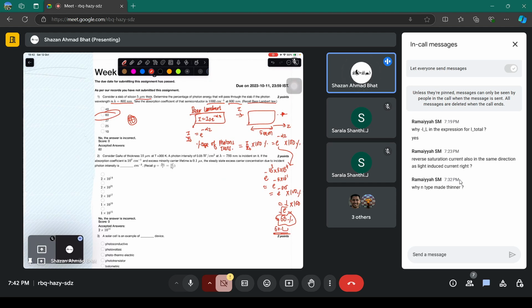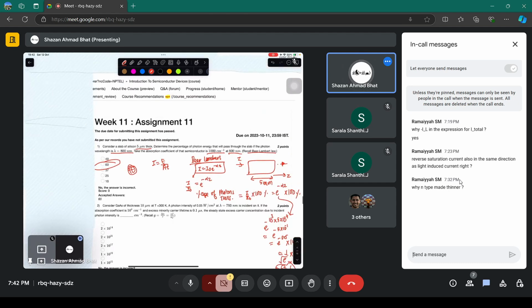Okay, so it doesn't matter whether they have asked the percentage of photon energy, because intensity is related to energy. That's what I talked about, because intensity is related to energy per unit area. It's actually energy per unit area per unit time. Maybe previously I said it's energy per unit area, but it's actually energy per unit area per unit time. That's why the unit of intensity is watt per meter square.